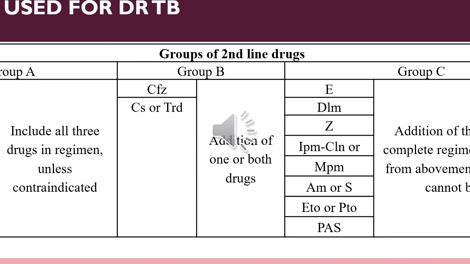Then the group B drugs include clofazimine and cycloserine. Group C drugs again include other drugs, but we need not remember these drugs. We just need to remember the principle of treatment, that we have to give the drugs which are not exposed previously for the treatment of DRTB. Regimens will be decided at the PMDT.